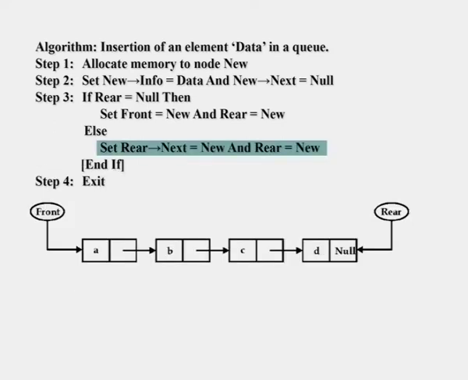Secondly, if the linked list is not empty, then the node new will be inserted at the rear end by setting the next part of the last node to the address of node new. Here, note that the address of the last node is directly available in variable rear and therefore, we need not traverse the list to reach the last node.